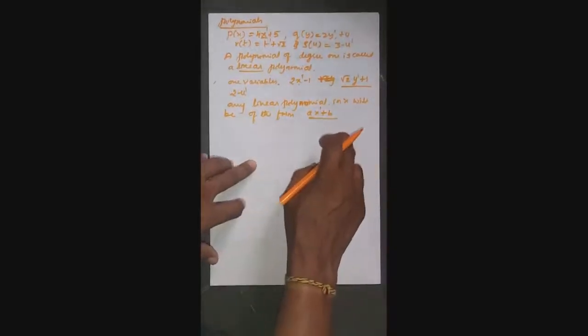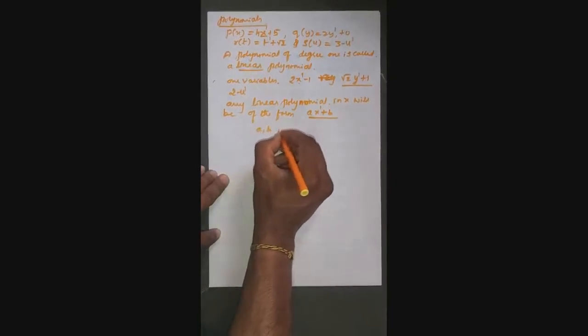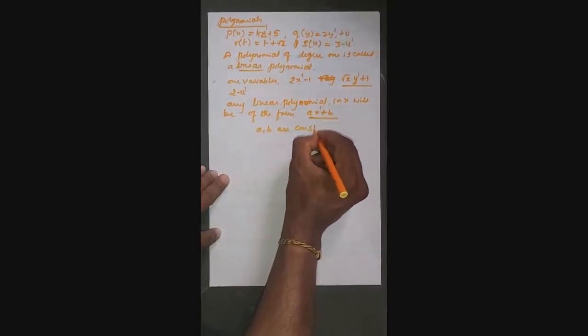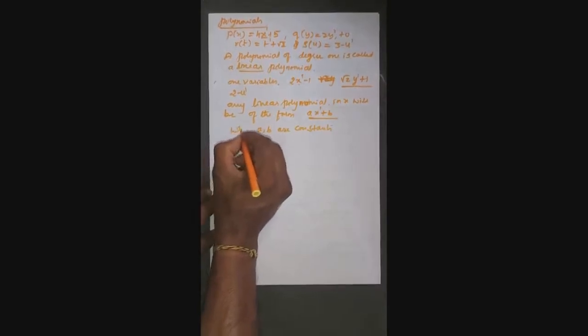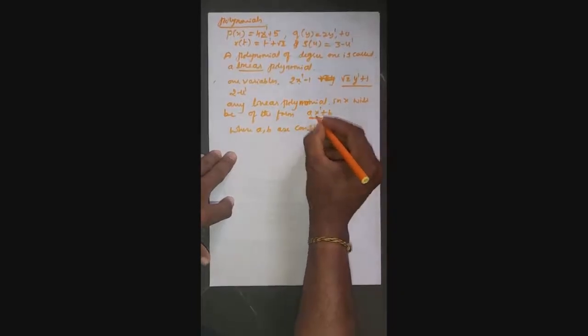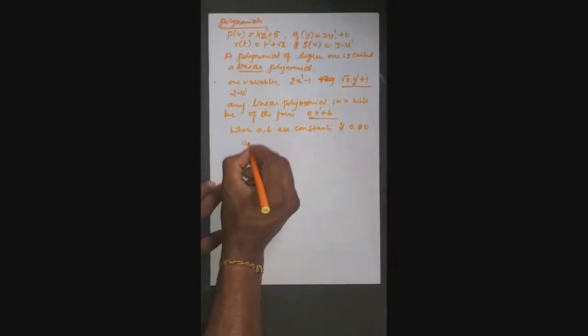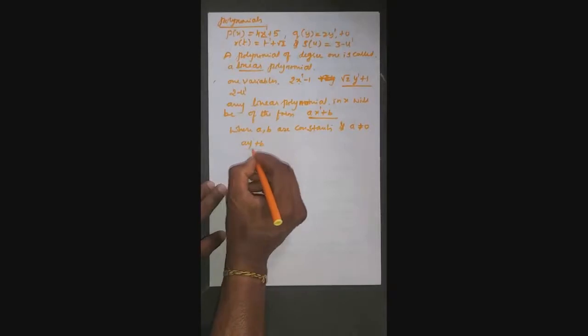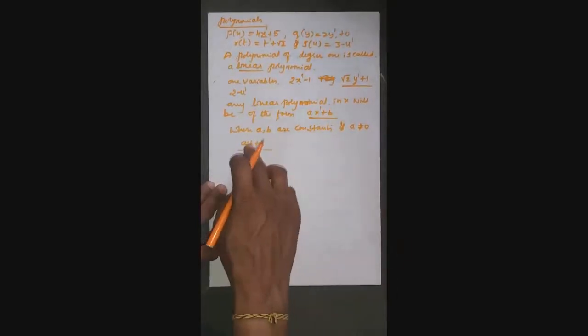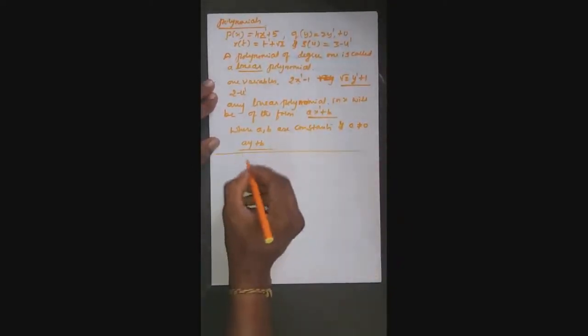Okay, ax plus b, where a and b are constants, and a is not equal to 0, okay. See, similarly you can write one more, that is ay plus b also. This is also a linear polynomial in y. See, now consider the polynomial. One more. Now consider the polynomial.